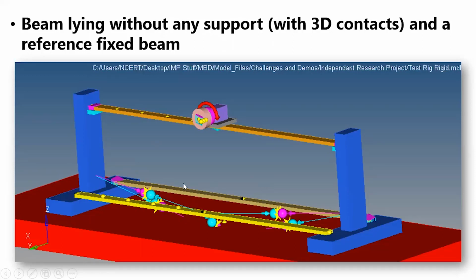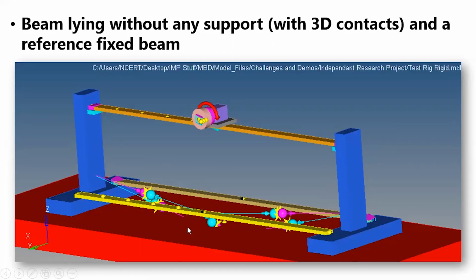In this case, I've not fixed the stand with respect to the table, because I want that when this vibrates, the vibration gets transmitted to these beams. If I fix these stands to this table, the vibrations will not be transmitted.